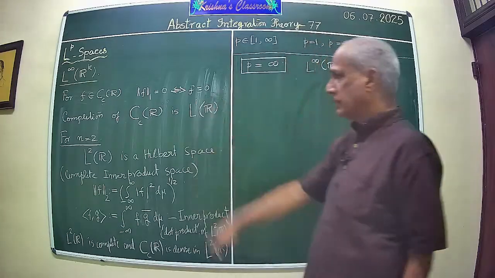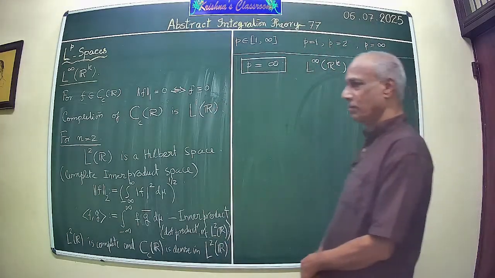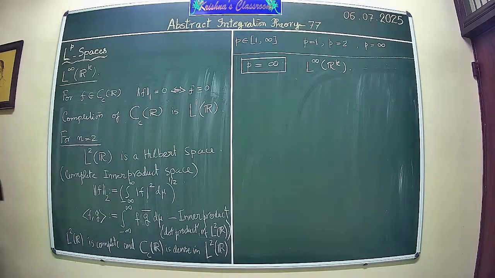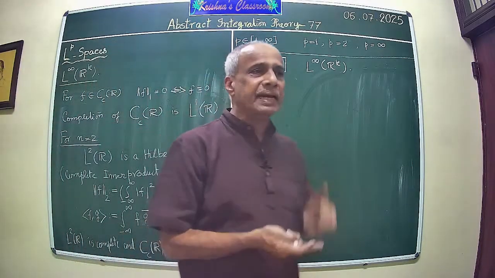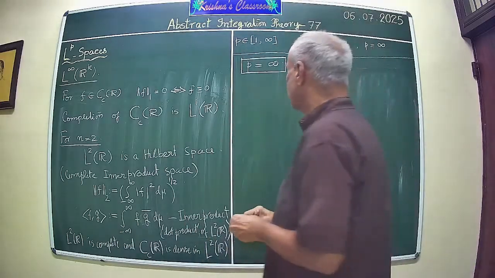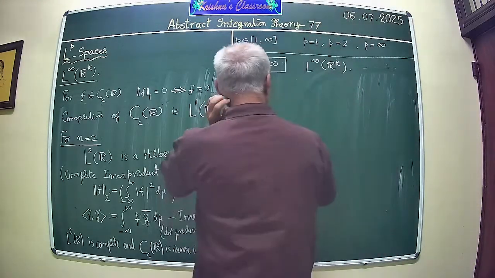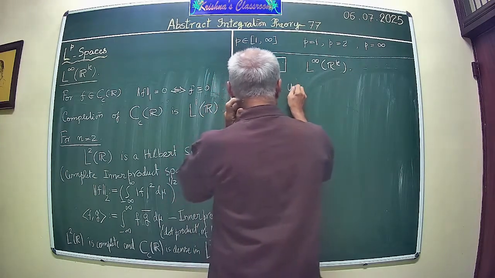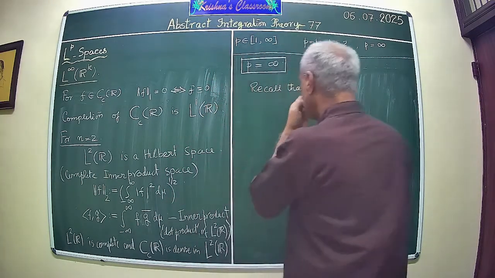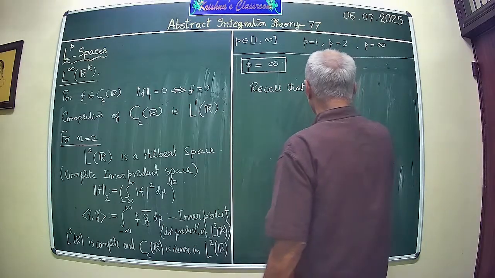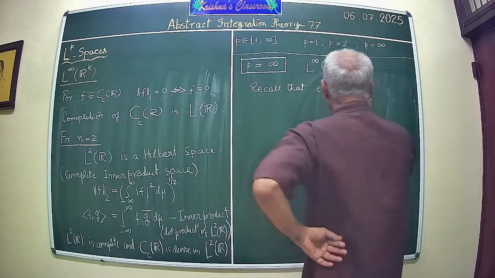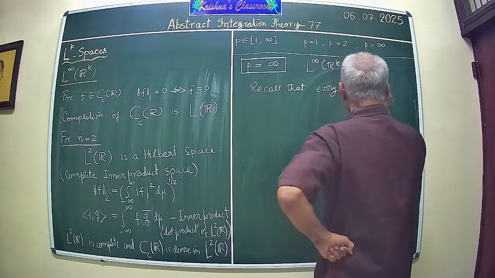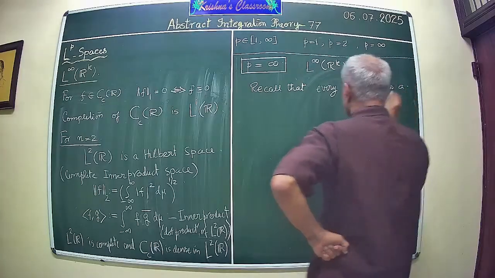So in this context, it is worthwhile to recall that every normed linear space has a completion. Every metric space has a completion. So just before going into this, we recall every normed linear space has a completion.